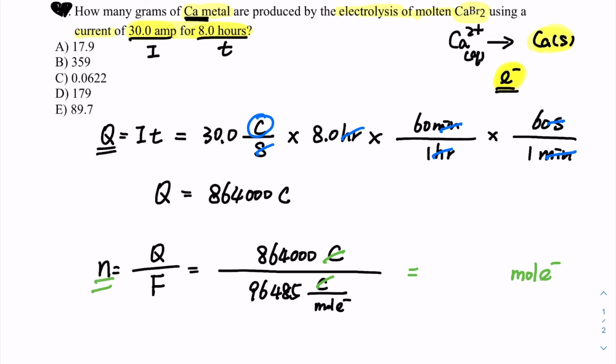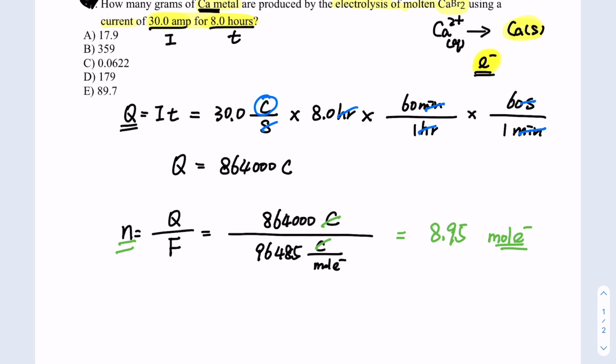When we do this calculation, we should get a value of 8.95. So this 8.95 moles of electrons are provided by using 30 amperes for 8 hours. And as I said, think about the relationship between moles of electrons and calcium.